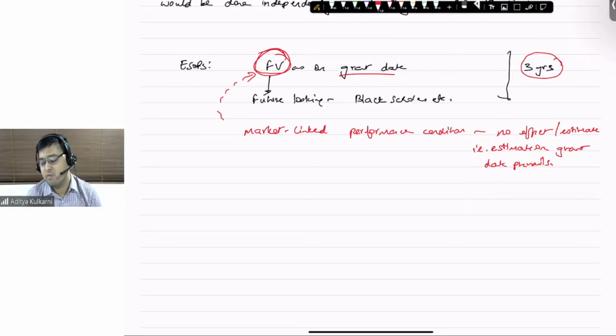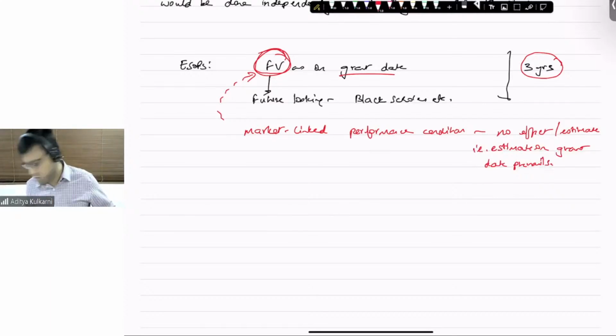Non-market linked, you will have to take into consideration at the end of each vesting period and determine what is going to be the employee benefit expenses. Okay, so that takes care of vesting condition. We will see a few examples, and you will be in a position to understand better.